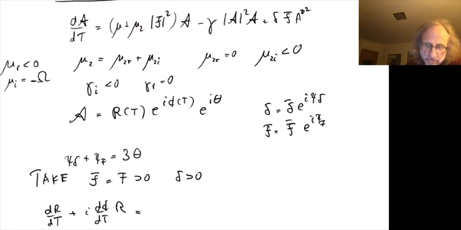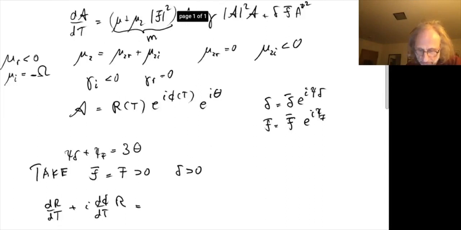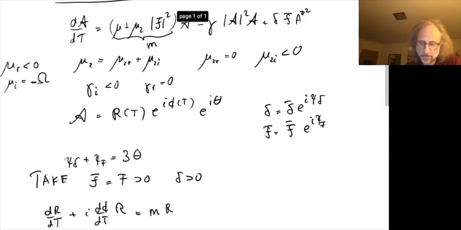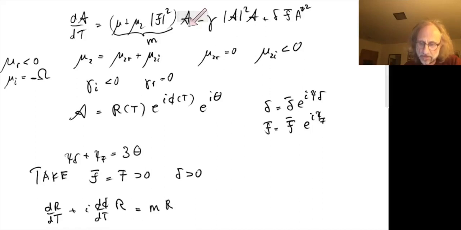Now, as I said, f squared is just a control parameter. So this is just a parameter, the whole thing in front here. So let me call this whole thing m, so I don't have to carry around so much. So that means we have on the right-hand side m times r, then we have minus gamma r cubed, and then plus delta f r squared.